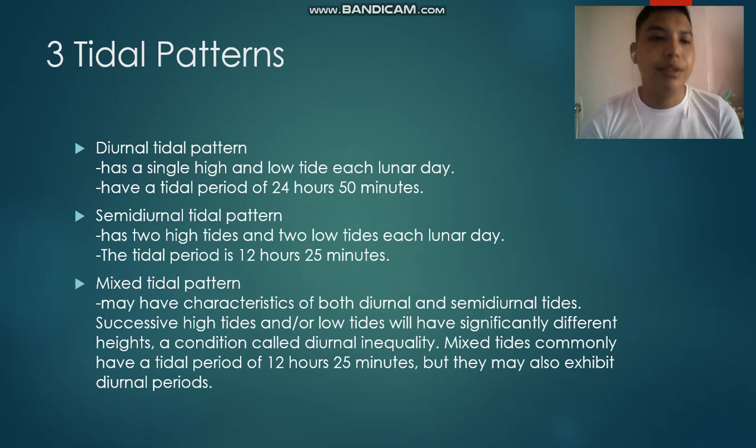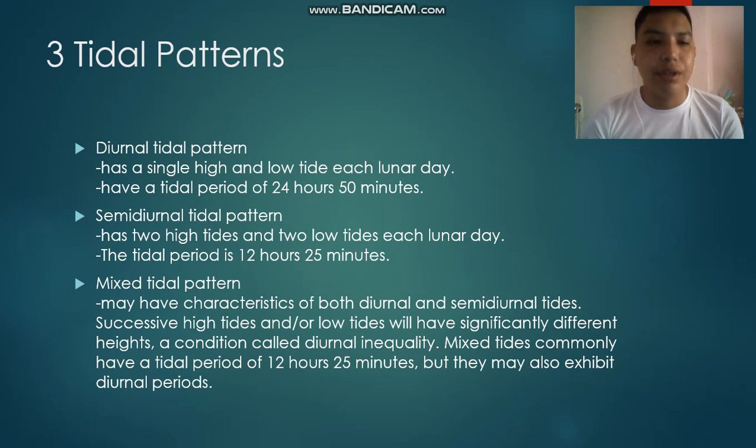Three tidal patterns. Diurnal tidal pattern has a single high and low tide each lunar day. It has a tidal period of 24 hours and 50 minutes. And the semi-diurnal tidal pattern has 2 high tides and 2 low tides each lunar day. The tidal period is 12 hours and 25 minutes.